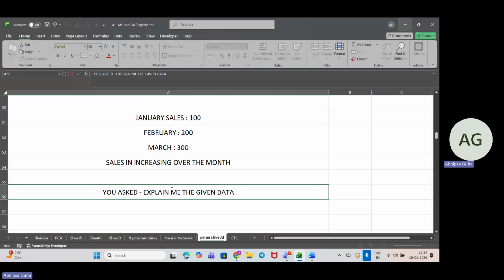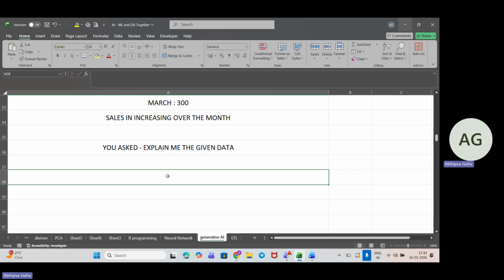It will say the sales is increasing every month, maybe because more customers are coming or the marketing is going right, so more customers are attracted to your shop. There is no proper thing that needs to be done. You just ask the AI, and AI is there to give you the update.